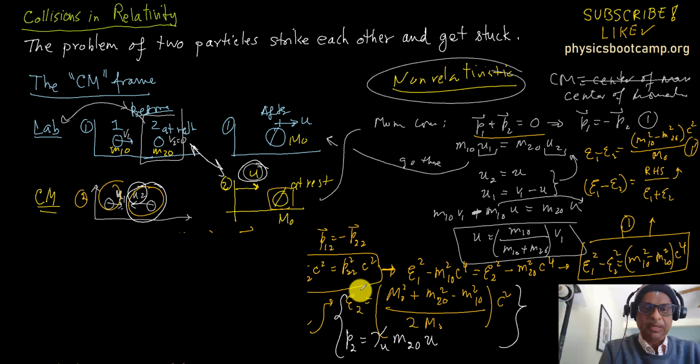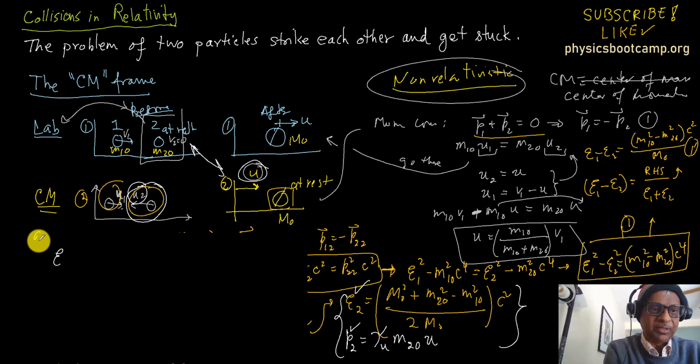If I know the energy of a particle and the momentum of the particle, I can get the speed of the particle very easily. Generally, suppose you know energy and P: energy is gamma, whatever the speed is, times m0 c squared, and momentum is gamma m0 times the speed of that particle.